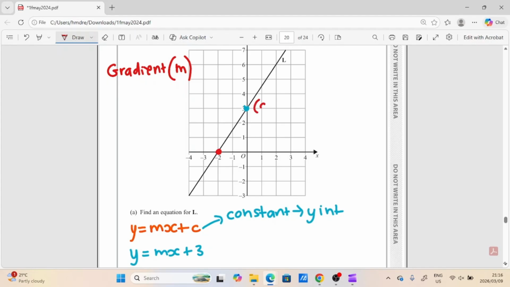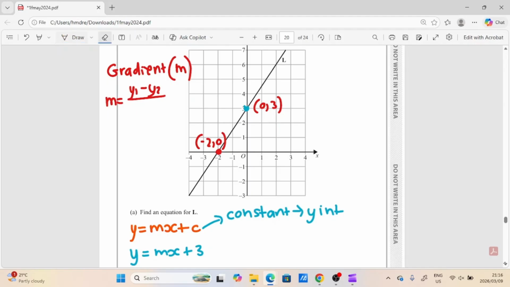So this is the point 0, 3. This here is the point minus 2, 0. And then you're going to say m is y1 minus y2 over x1 minus x2.